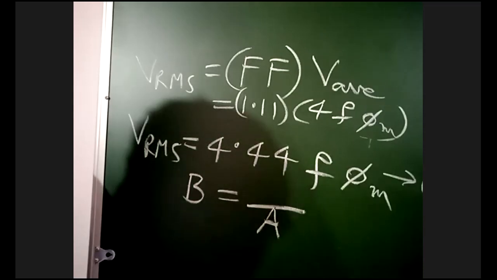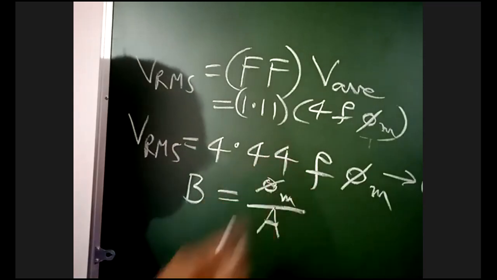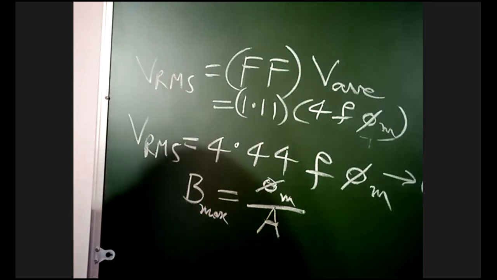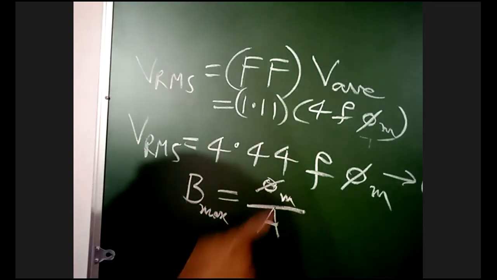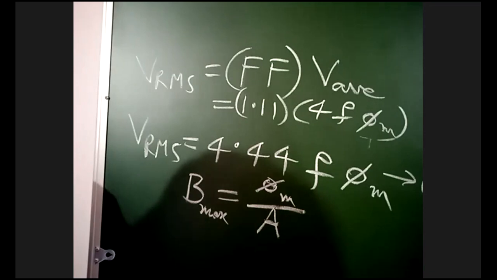Flux density is flux per unit area. Here we are having maximum flux, so Bmax. Flux density is equal to flux per unit area. Density means divided by area.